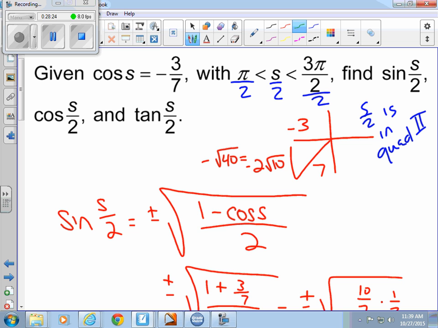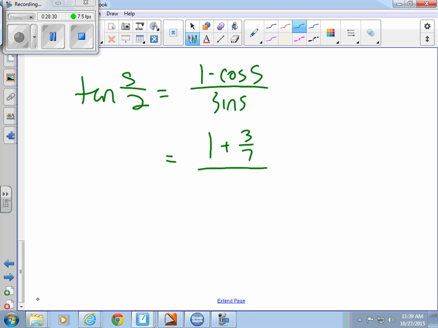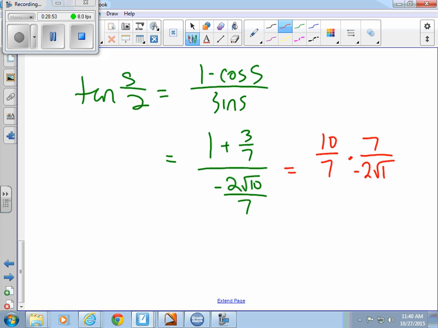And so sine would be negative 2 radical 10 over 7. On the top, I get 7 over 7 plus 3 over 7, which is 10 over 7. Okay, if I go ahead and flip and multiply, times 7 over negative 2 radical 10.